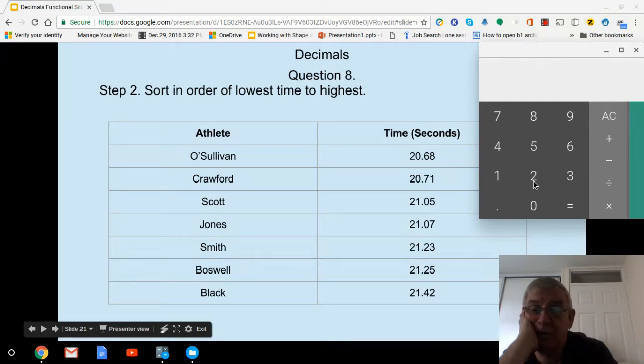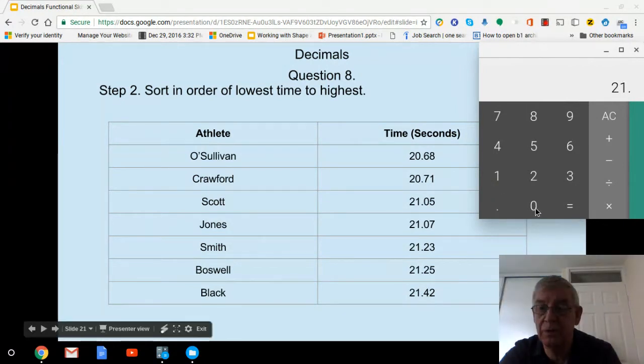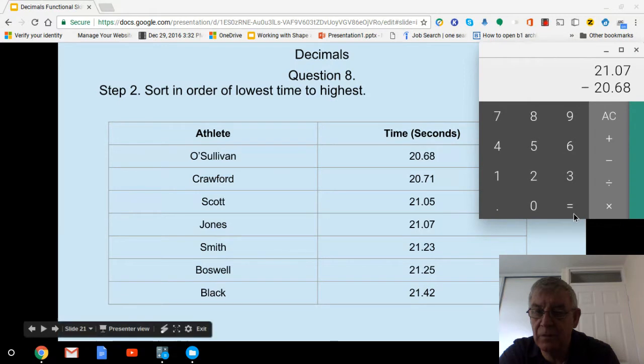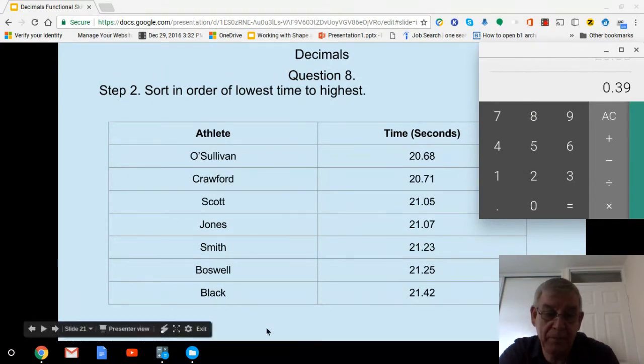He had a time of 21.07 seconds, and we're subtracting from that the winner's time, which was O'Sullivan at 20.68 seconds. We then get an answer of 0.39 seconds slower than the actual winner.